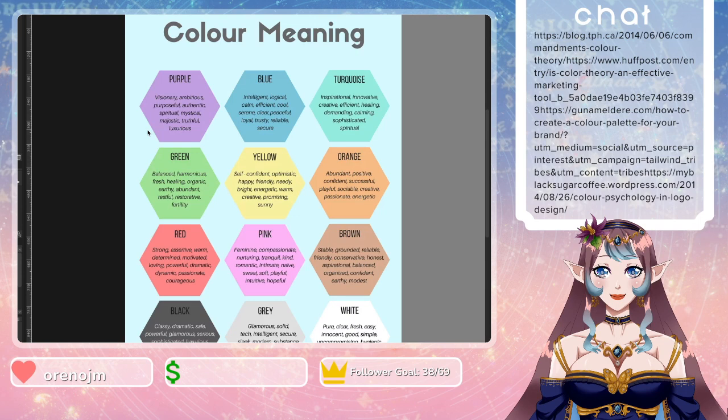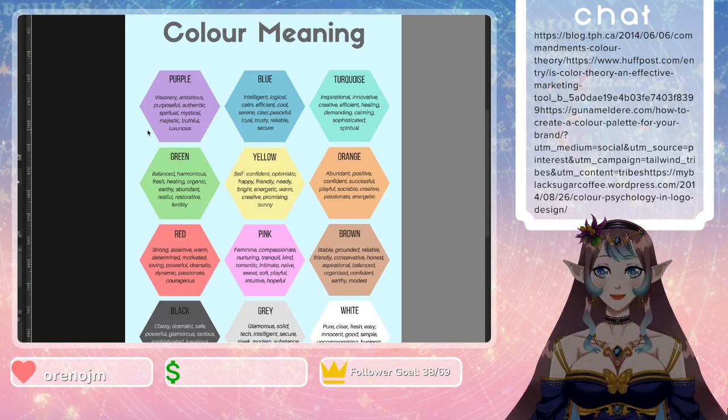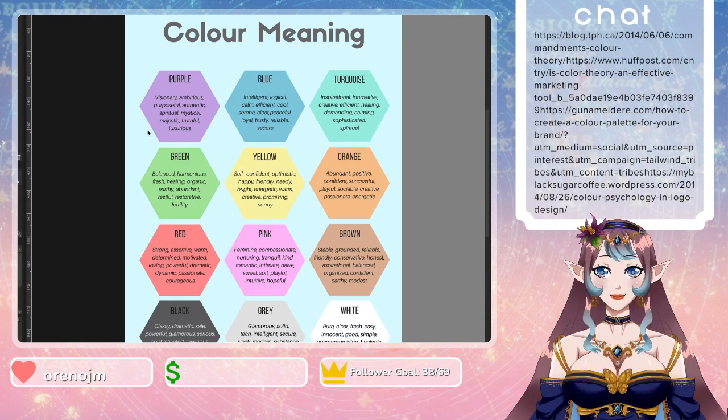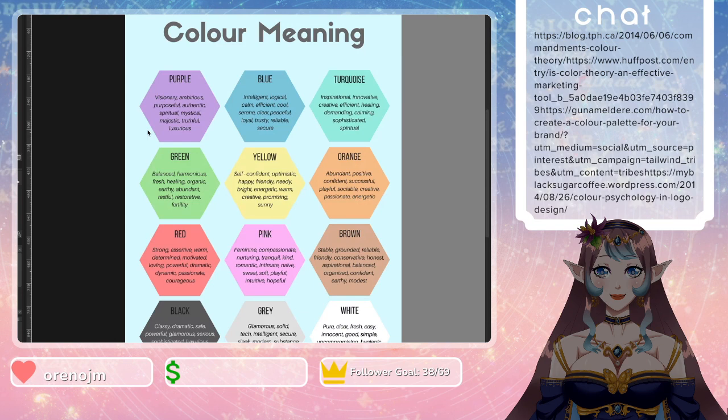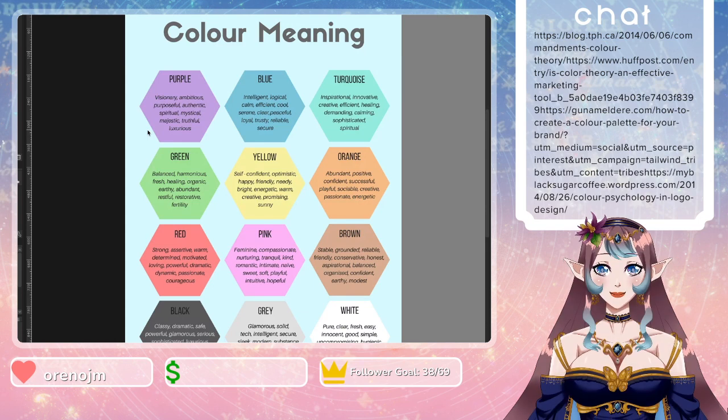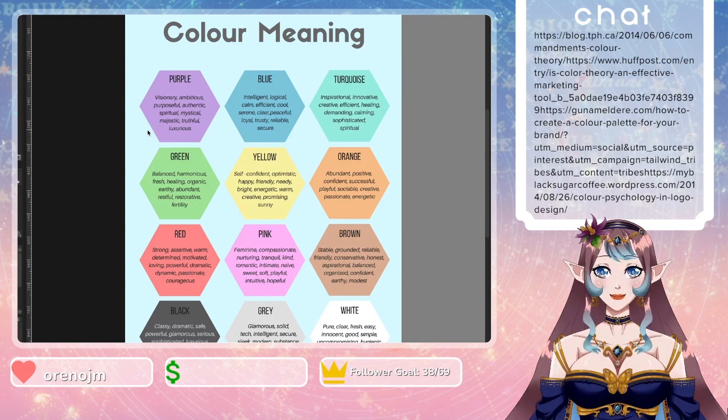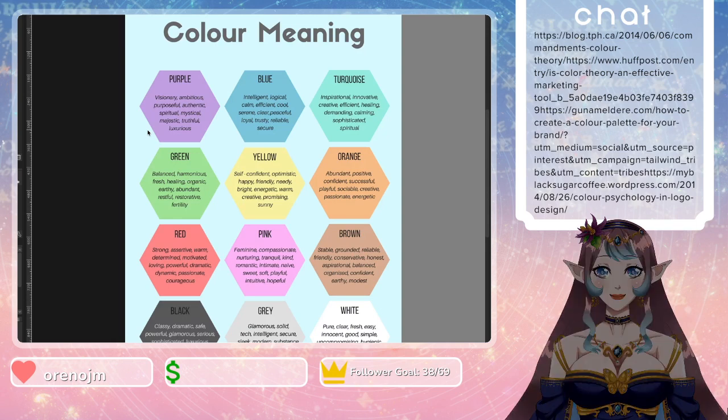Spiritual, there's plenty of cultures that do see purple as a spiritual color. As for mystical, it's a very pretty color. It does have a very mystical vibe to it.